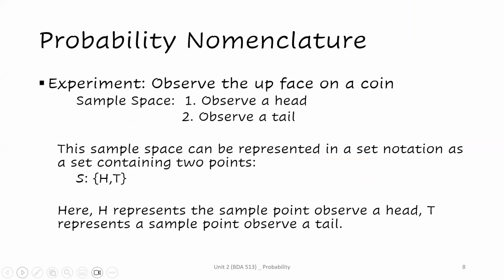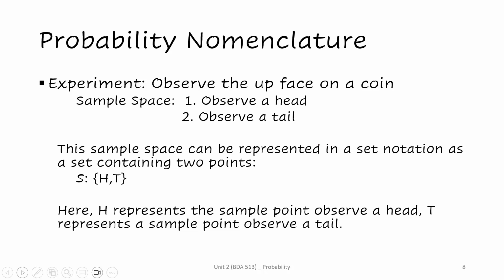To summarize, the experiment will, for instance, be to observe the face on the coin, while the sample space will involve either observing a head or a tail. So the space will involve heads and tails. Those are the things we are looking out for. That's how you write the notation.